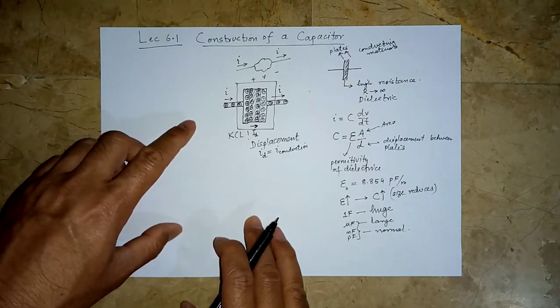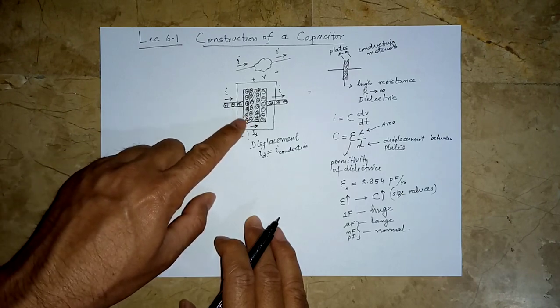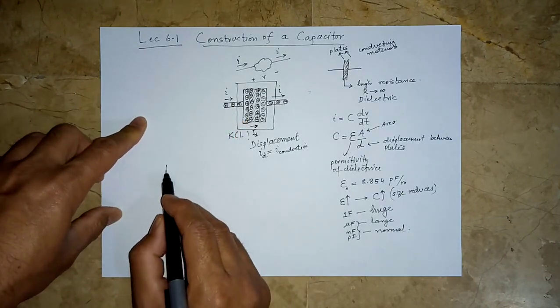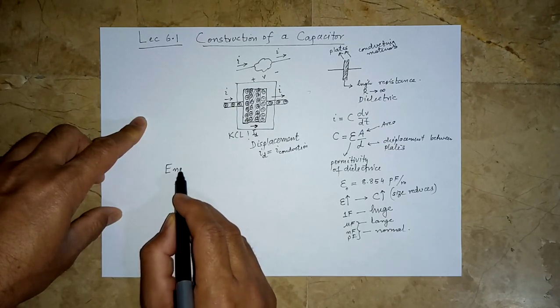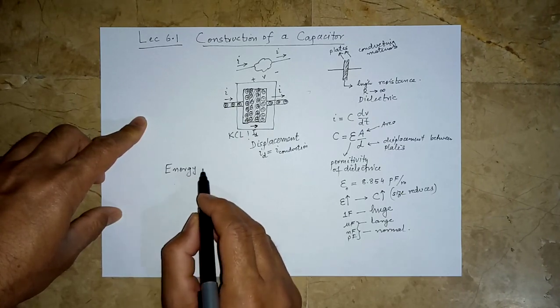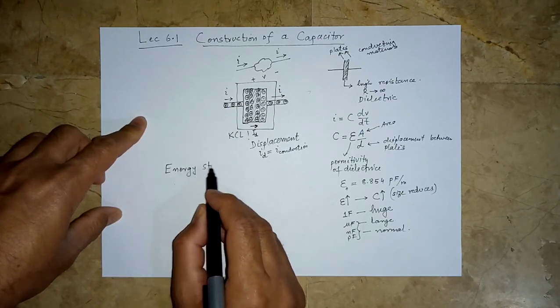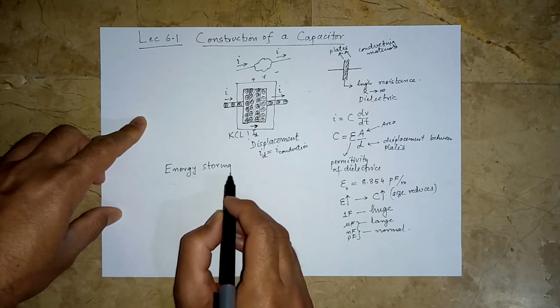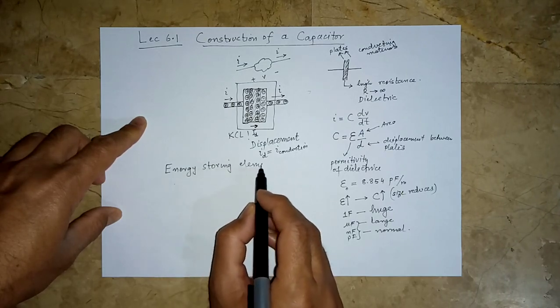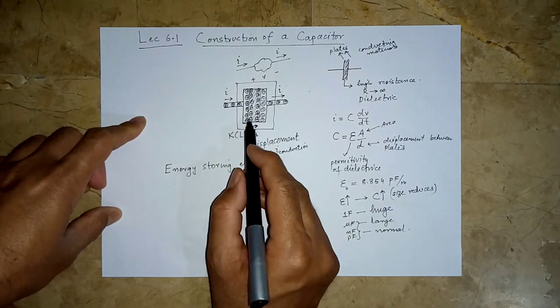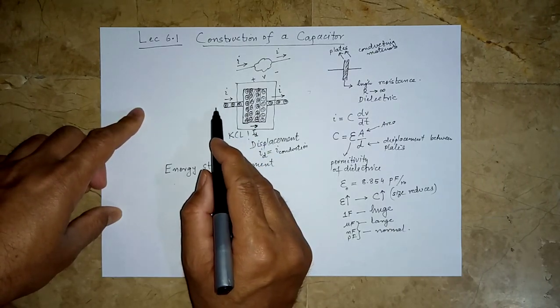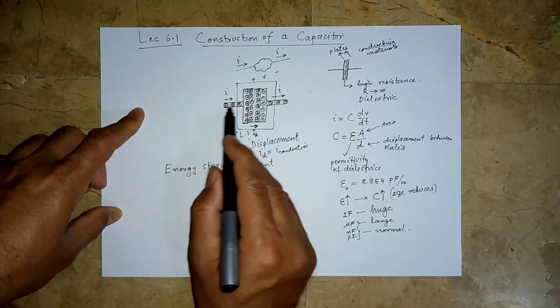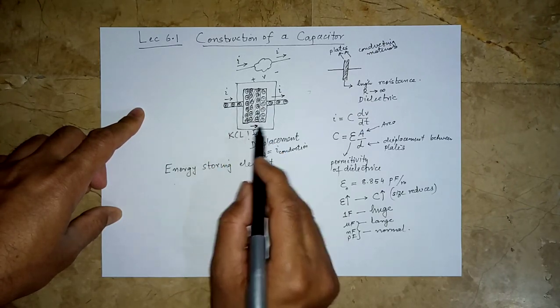Remember this very important thing, that a capacitor is an energy storing device. So how does this energy get stored in the capacitor? Whenever we provide an external current to flow through a capacitor, it charges it.